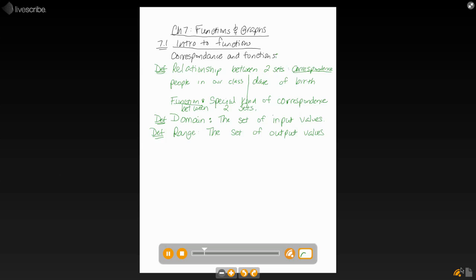It's not just any correspondence, but a correspondence where, for any member of the domain, so for a function, each member of the domain corresponds to exactly one member of the range.